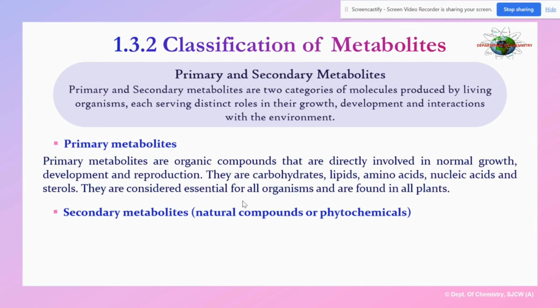Primary metabolites are organic compounds that are directly involved in normal growth, development, and reproduction. They are carbohydrates, lipids, amino acids, nucleic acids, and sterols. They are considered essential for all living organisms and are found in plants as well.